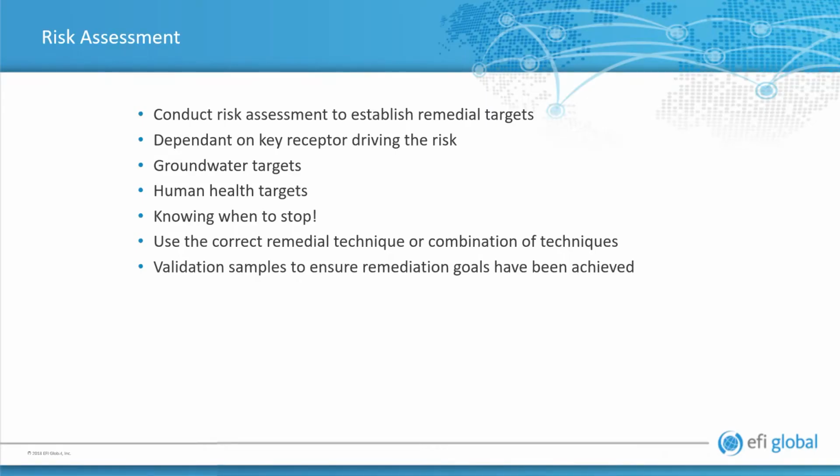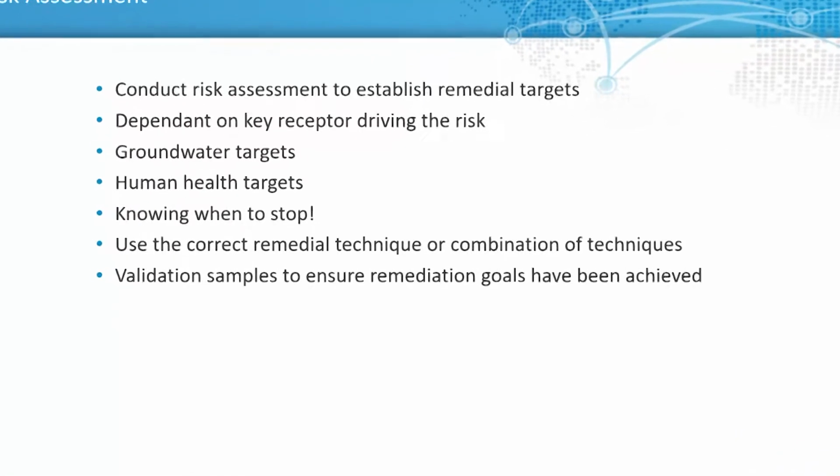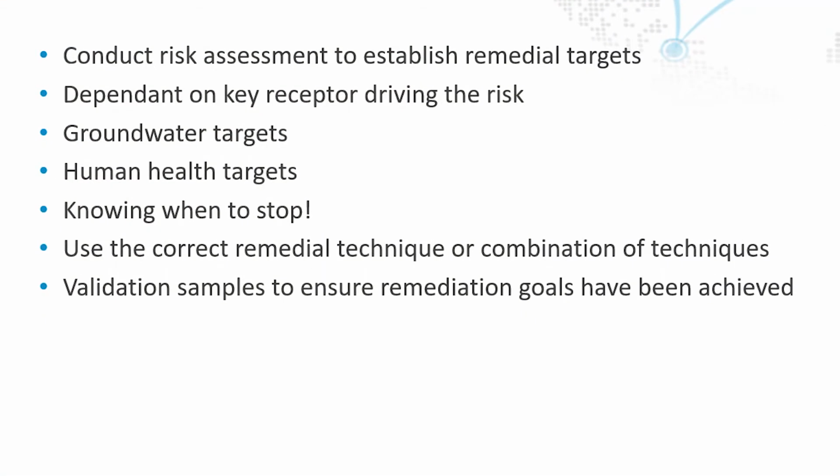And it's essential then that a risk assessment is conducted dependent on the key receptor driving the risk, driving the remediation scheme. Following remediation works, it's essential to ensure that validation samples are collected to prove that the site has been remediated to an appropriate level, and that's then signed off by the appropriate governing body.